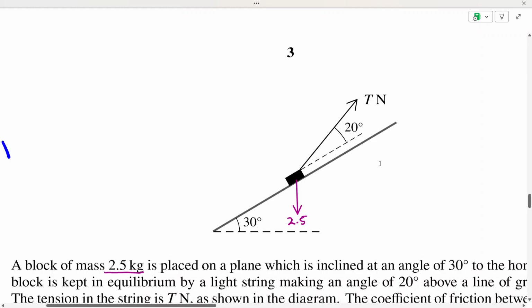And then I'm going to resolve the T. No, wait. Let me resolve the weight first. So the weight acting downwards. This angle here, if I draw a line, is going to be 30 degrees. You can prove that geometrically.